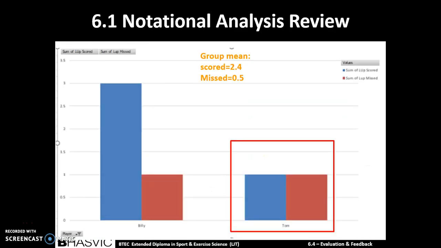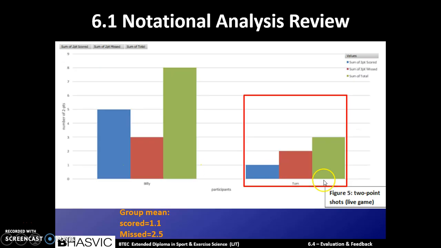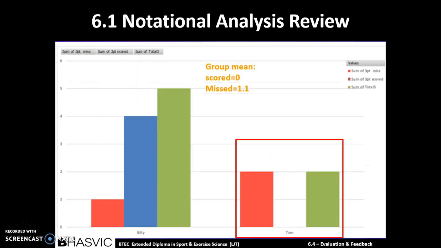We also looked at layups scored and missed. So here you are in the red box. Sorry, we'll go back to 2 points. Here you can see you scored substantially less than taken, and scored substantially less than the top performer. Equally, you've missed less, but that's just in proportion to the fact that you shot less in total.